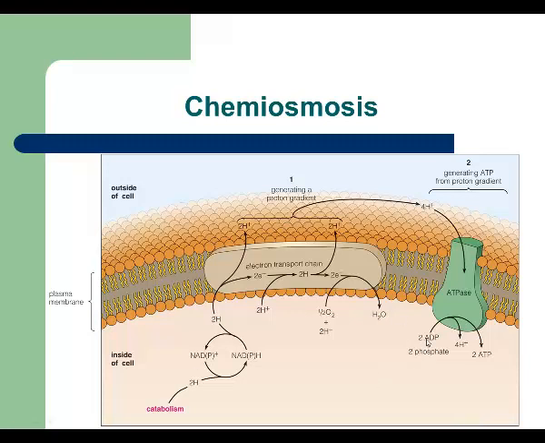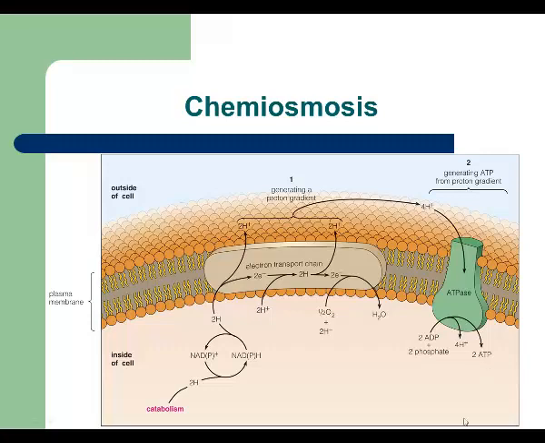This way two ADP molecules will be phosphorylated with two PO4 groups, phosphate groups, and as a result those ADP molecules will be converted into two ATP molecules, which are high energy molecules.